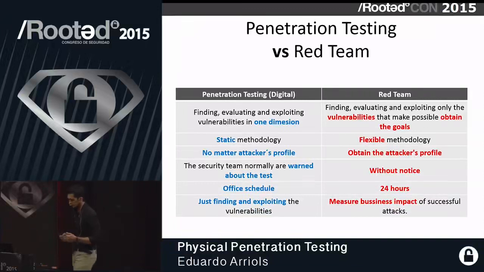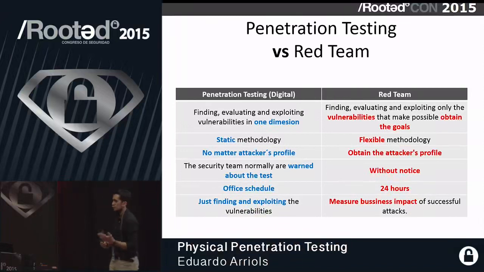Some characteristics here, some differences. Penetration testing often takes place in one dimension, often digital, and the red team works on all the dimensions. The red team is more static. There are methodologies and cases may change from one company to another, but when you do a red team exercise, it can be that in some cases you only do physical intrusion, but then you may move on from digital to physical.